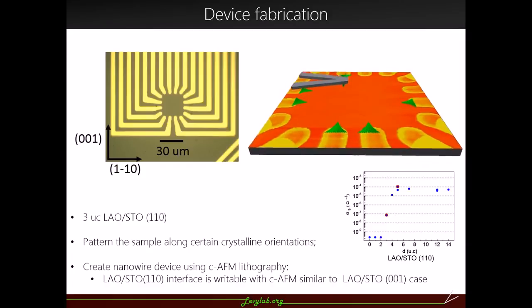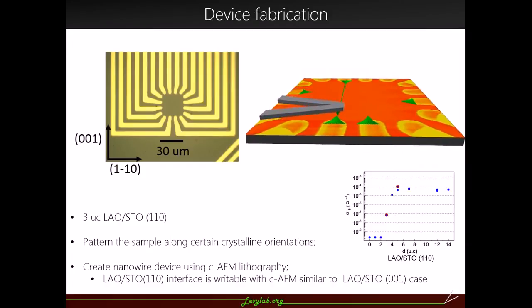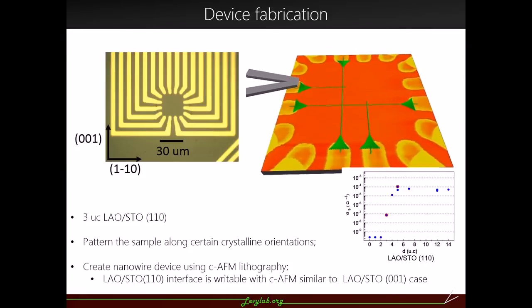Basically, the conductive AFM lithography works similar to the 001 case. We use a positively biased tip to make nanowires, one along the 1-10 direction, and the other along the 001 direction. And after making these two nanowires, we write two more nanowires as voltage probes to measure the 4-terminal differential resistance.